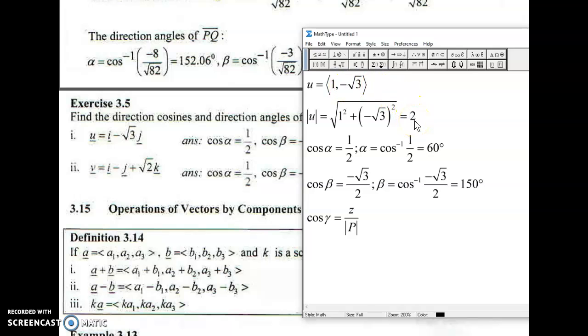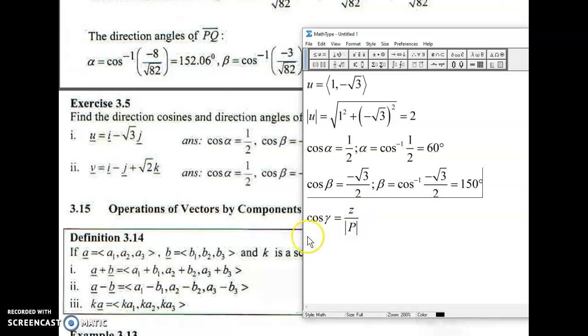The length is 2, and this is how to find the direction cosine: cos alpha equals the value of x, which is 1, over the hypotenuse, which is 2. As for the direction cosine for y, which is beta, it is negative √3, which is the y, over 2, the hypotenuse.